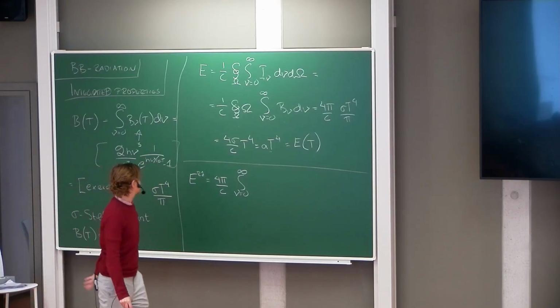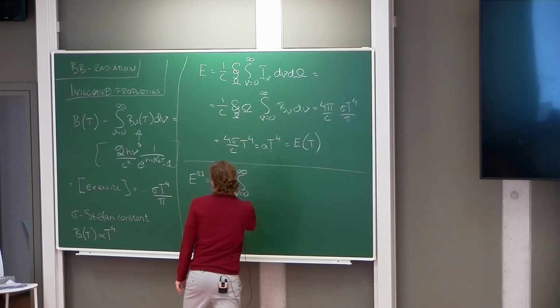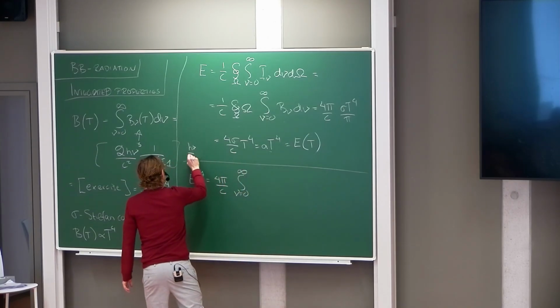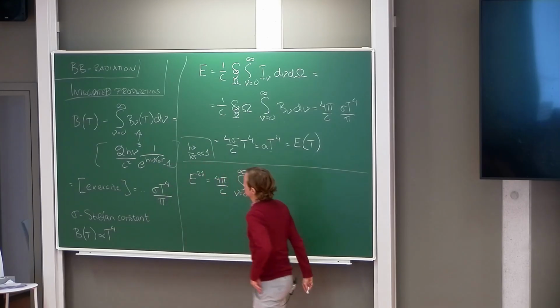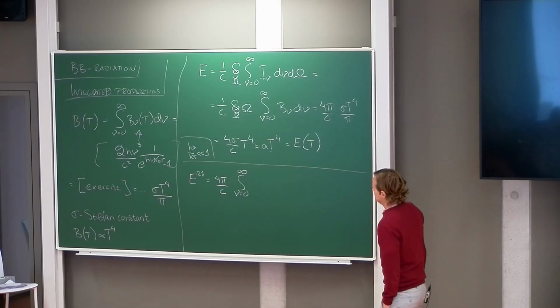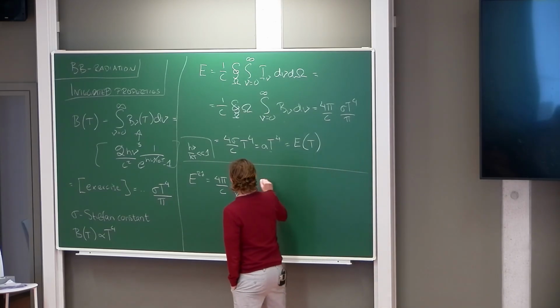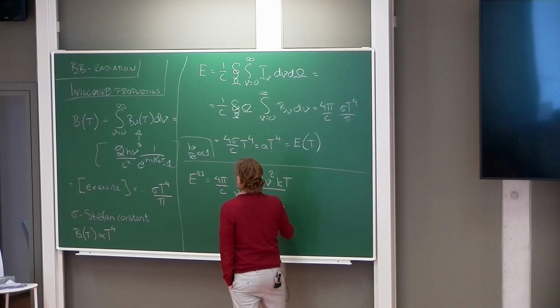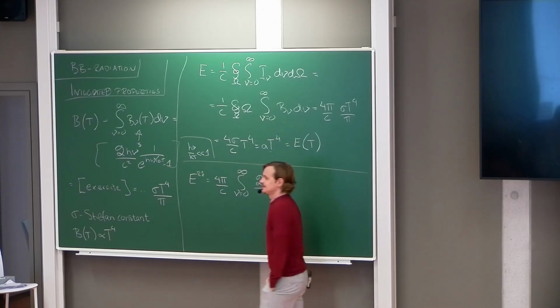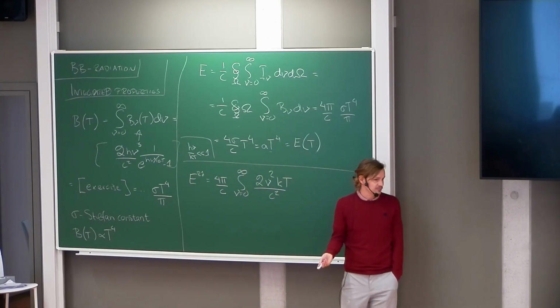We needed to Taylor expand this in the limit that h nu divided by kT was much, much smaller than 1, the Taylor expansion that we need to have in our head throughout this course. And then we saw that this becomes 2 nu squared, you get a k, you get a T, you get a c squared. h vanished, of course, Planck's constant.